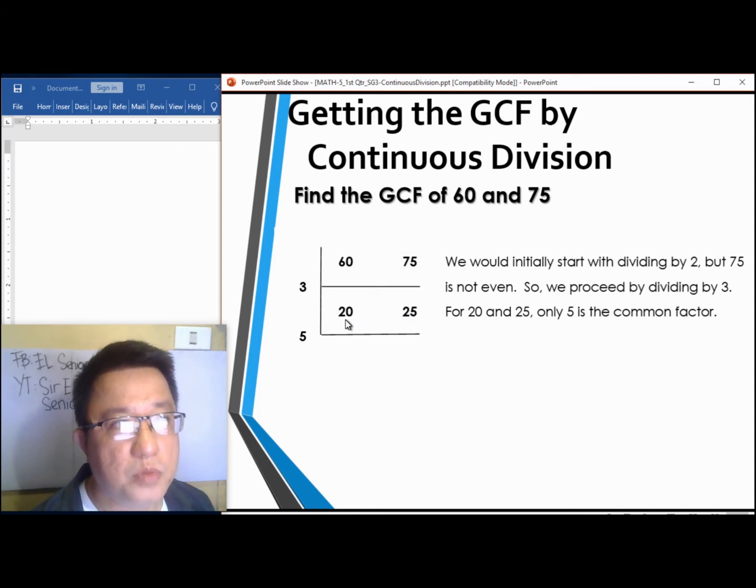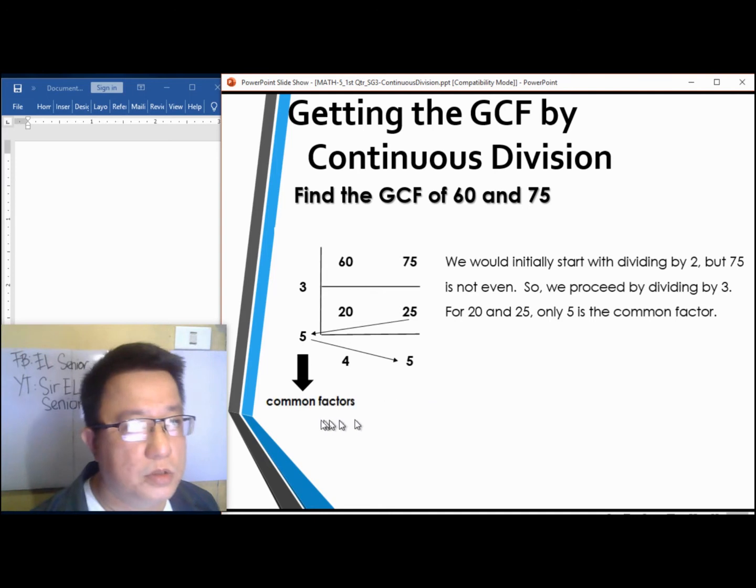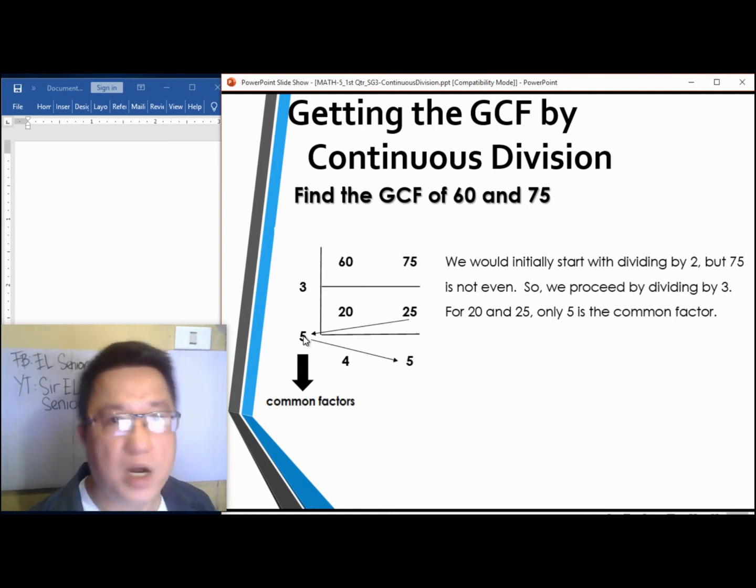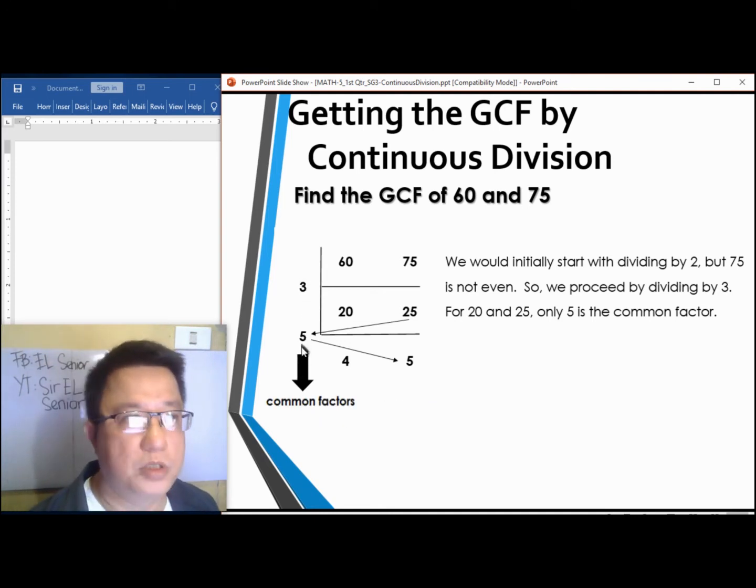Therefore, they are both divisible by 5. So we divide 20 divided by 5 equals 4. And 25 divided by 5 equals 5. And we cannot have any more common divisor for 4 and 5. We stop there. So here, 3 and 5 are our common factors.